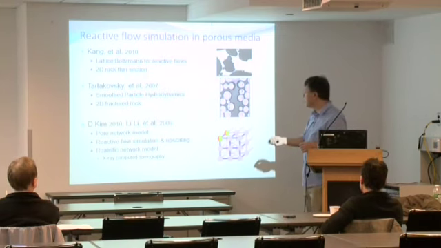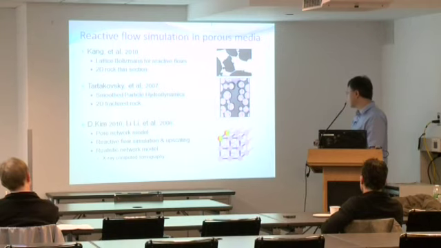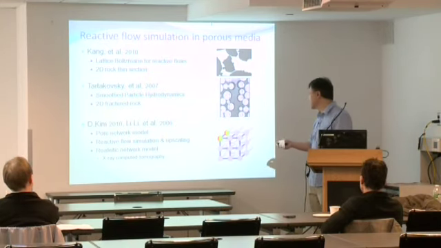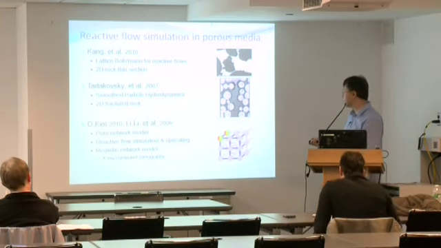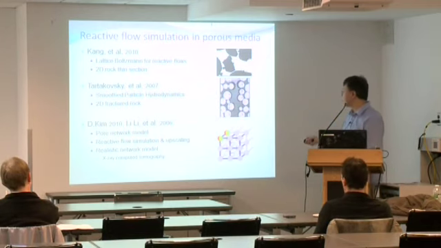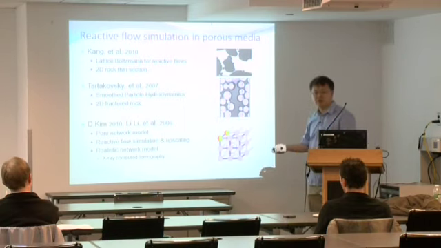The pore network model simplifies pore space to a network of pores and channels, and it can simulate the reactive flows and upscale geochemical reactions to a larger scale. So for this study, we use the pore network model, and for a more realistic network model, we use X-ray computed tomography of real rock samples.